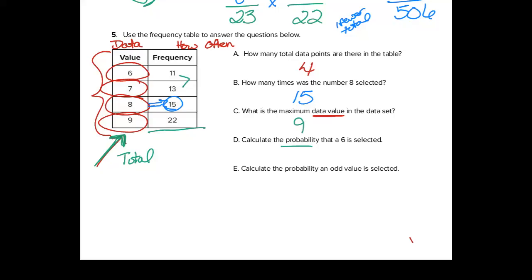The total here is 24 plus 15 plus 22, 2, 4, 6. And that a 6 is selected is going to be 11 out of a total of 61. Nice job. Very good.